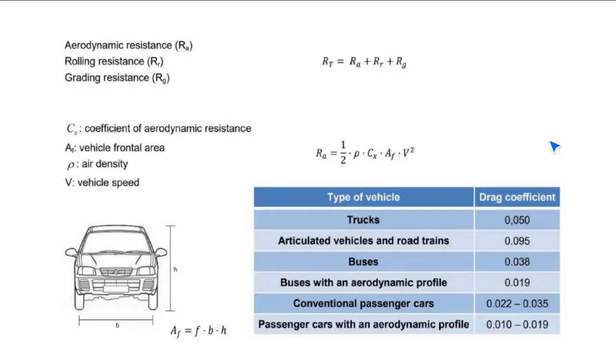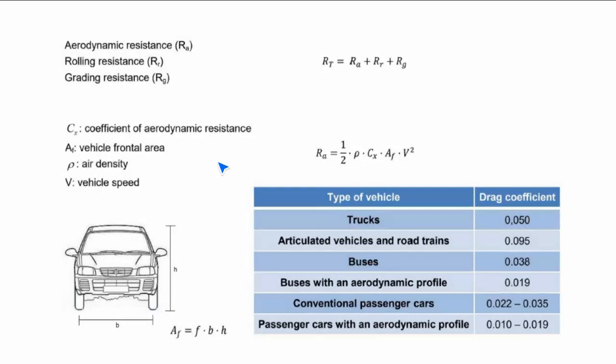Both flows create friction and pressure resistance. What's the calculation method of aerodynamic resistance? Ra is equal to 1 over 2 times rho times Cx times Af times vehicle speed squared. What's Cx? Cx is the coefficient of aerodynamic resistance.